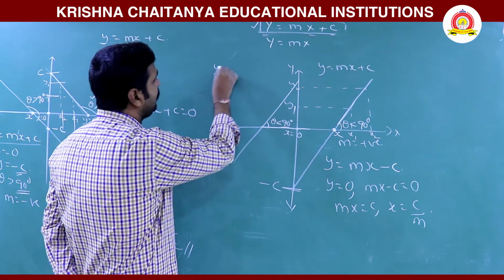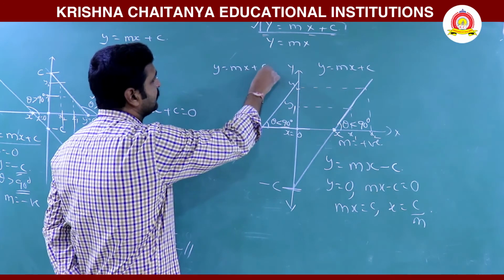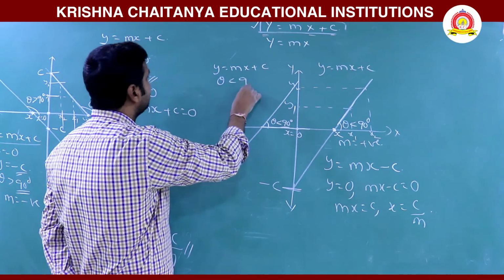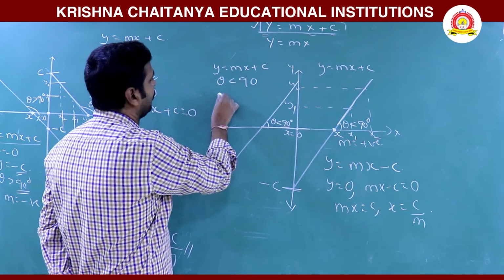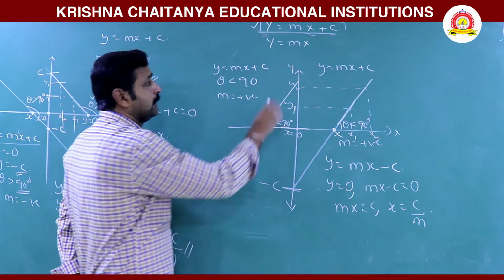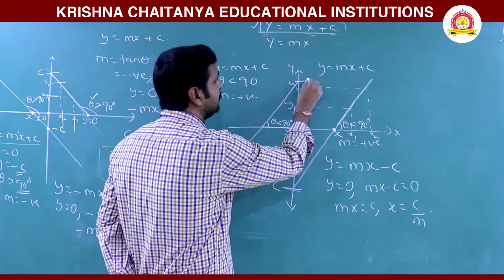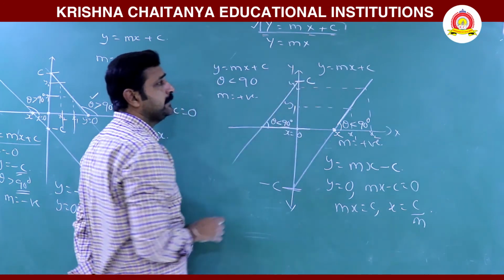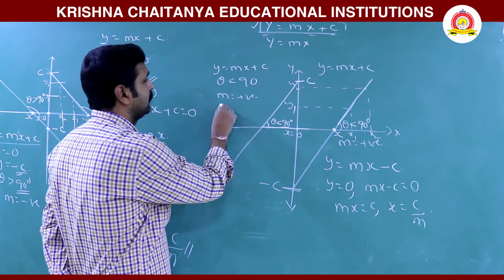Here y is equal to mx plus c. Theta less than 90, so m is positive. Next, the y-intercept is positive.